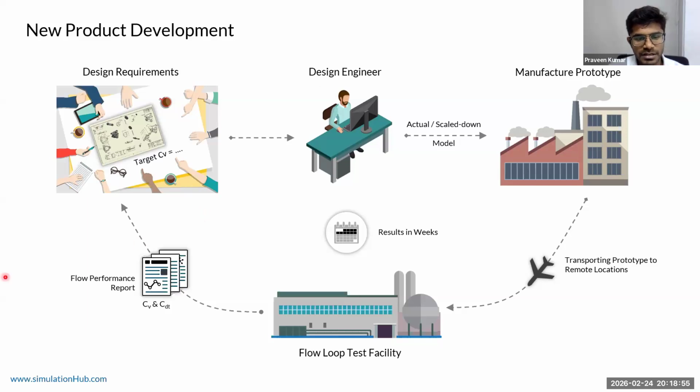What you get out of it is the report which has the CV and CDT values. If your CV value doesn't match your target CV, you will not get any clue what went wrong with your baseline design. Of course, the report provides the flow capacity of the current baseline design, but what went wrong, that insight is not possible.